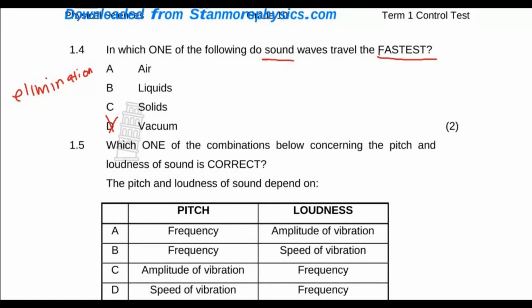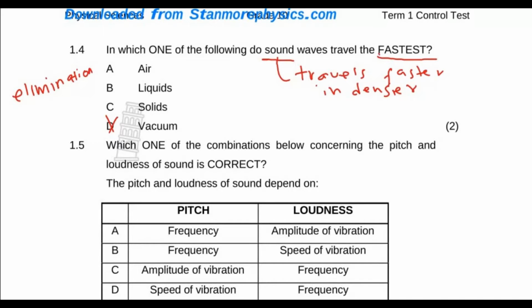Sound is interesting because it travels faster in denser substances, substances that have a high density. When I say a high density, it means the particles of that substance or material are packed together. So let's look.